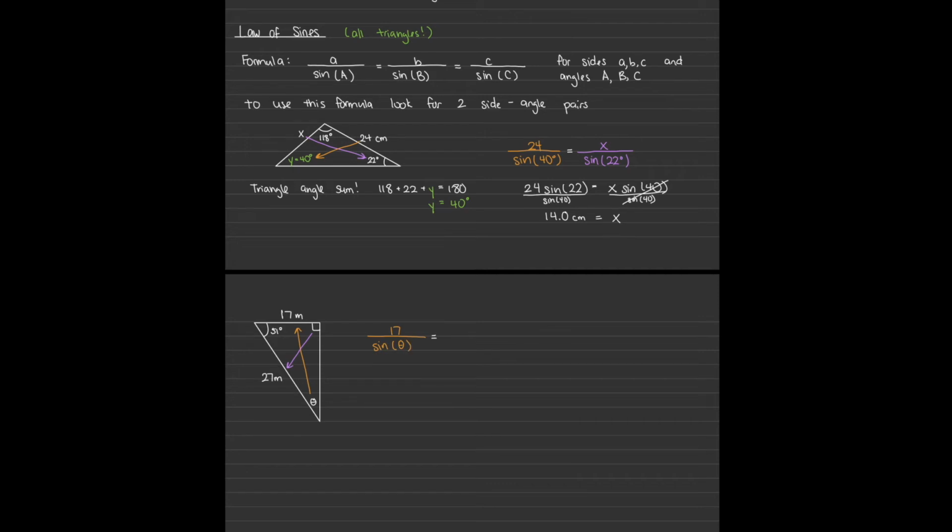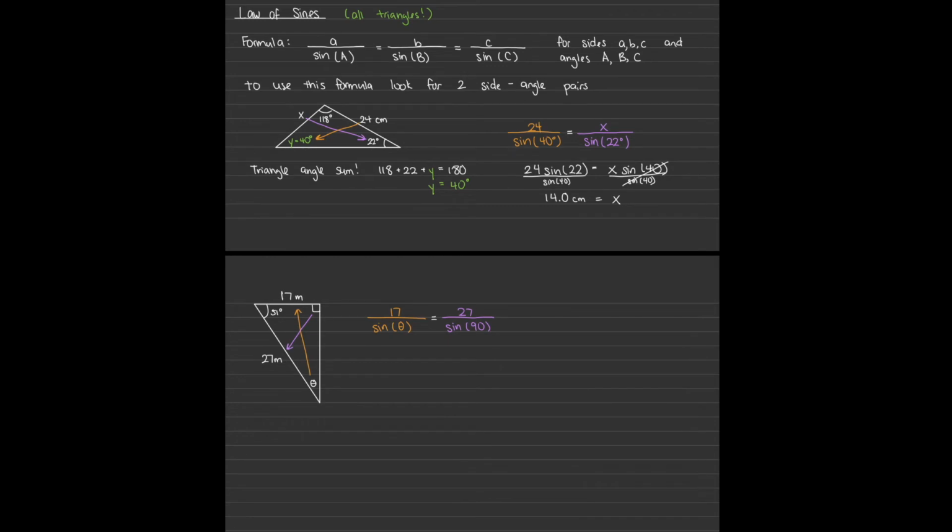And for my purple, I have 27 all divided by sine of 90. And so, just like before, we will cross multiply to solve. When I do that, I get 27 sine of theta is equal to 17 sine of 90 degrees.